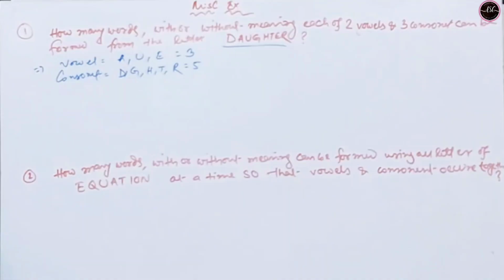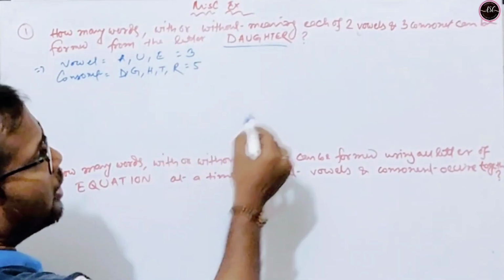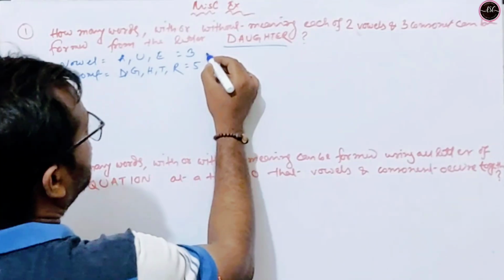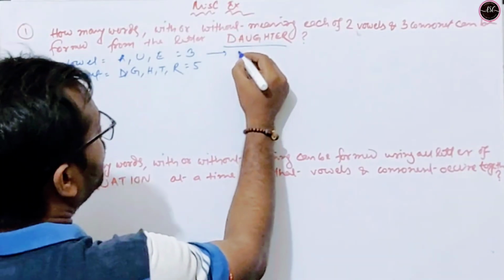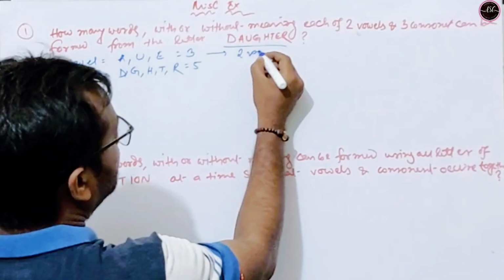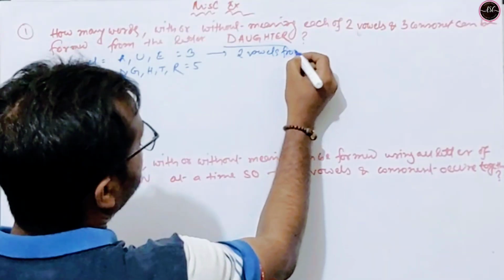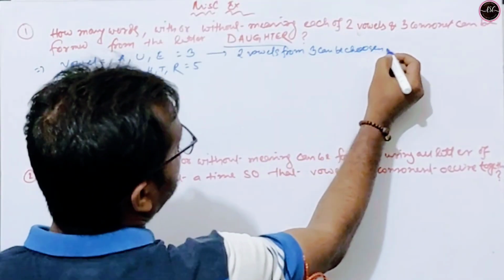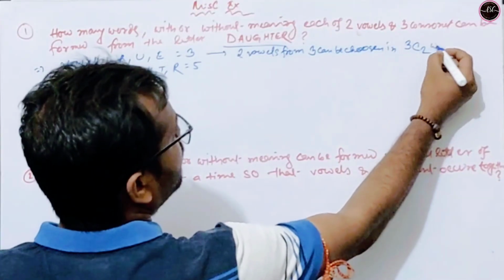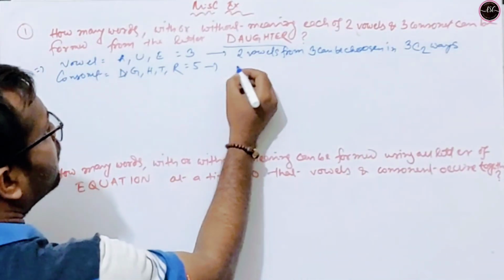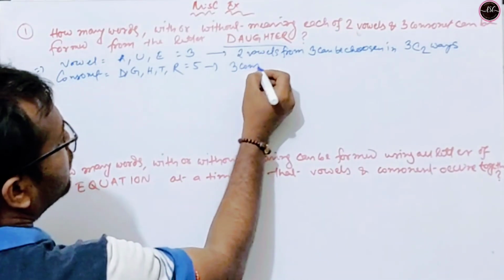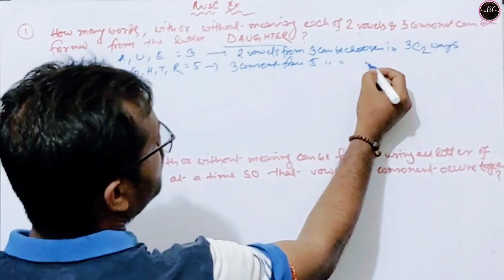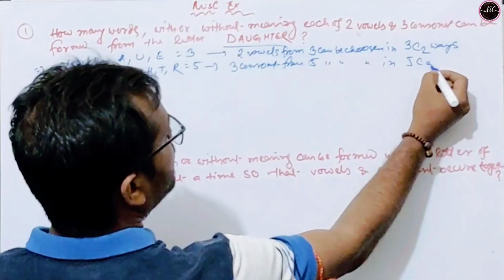Okay, so from these 3 vowels, 2 vowels should be selected. So 2 vowels from 3 can be chosen in 3C2 ways, and 3 consonants from these 5 can be chosen in 5C3 ways.